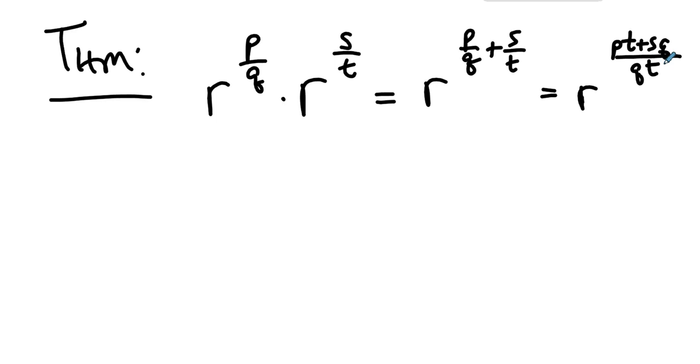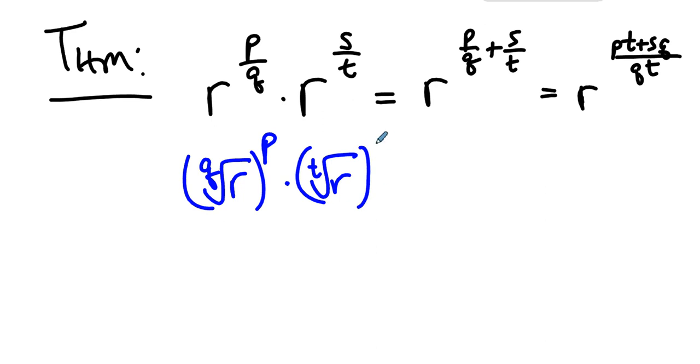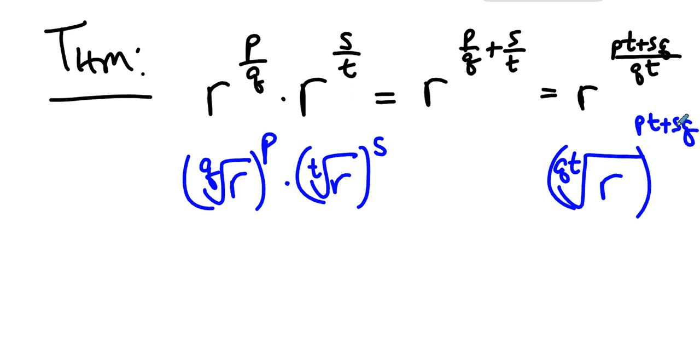So now you've got to think about, this is the qth root of r to the p, and this is the tth root of r to the s, and this is the qth root of r to the pt plus sq. Are these the same? How do we even turn those into qth roots? But that's worth thinking through.